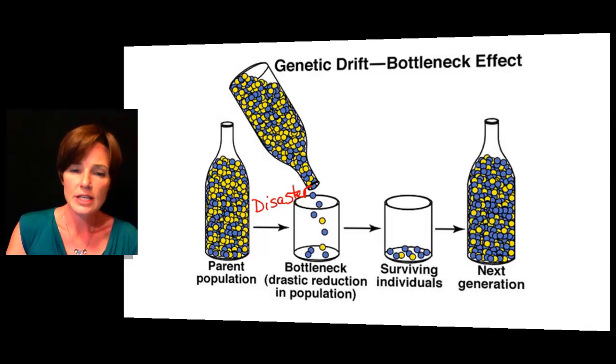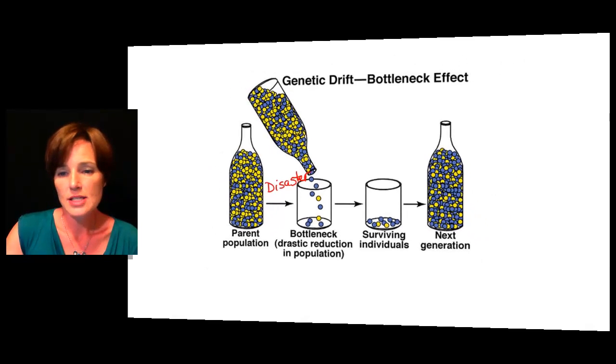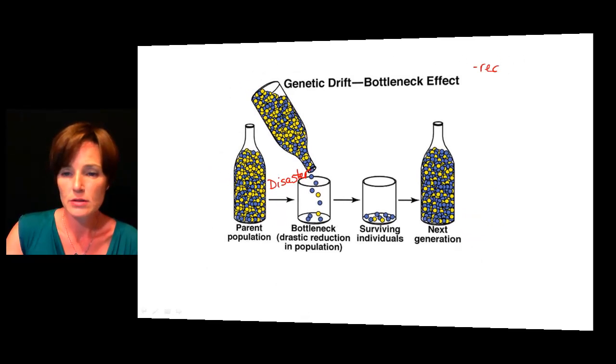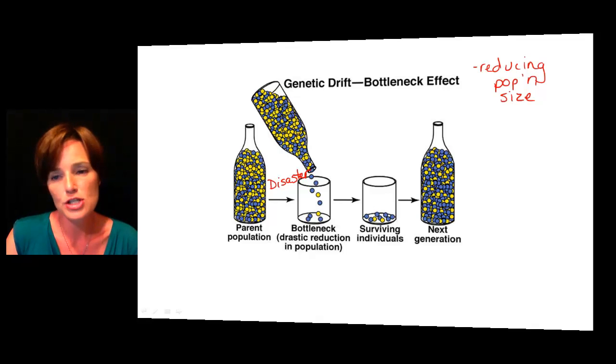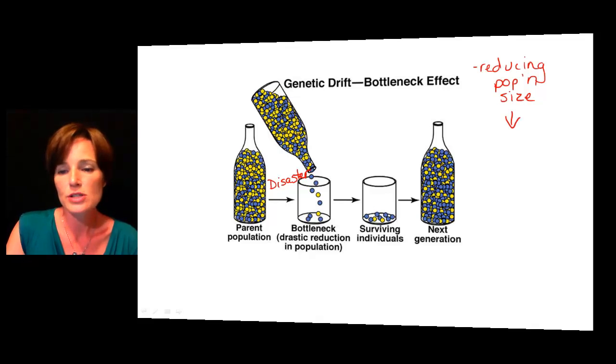So one key here is that for genetic drift to take place, a lot of times what we're doing is we're reducing the population size at some point, and when we reduce the population size, this is going to lead oftentimes to a decrease in genetic diversity.